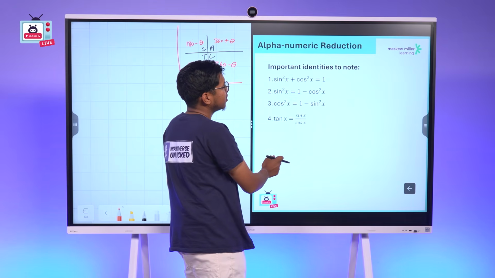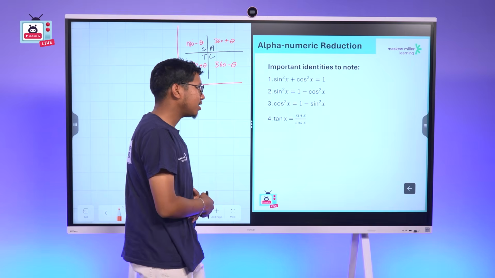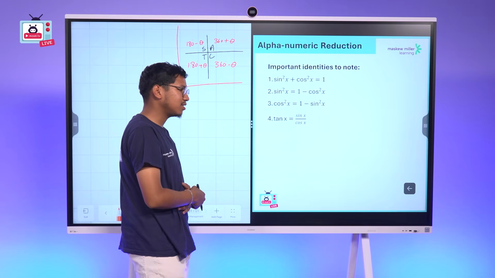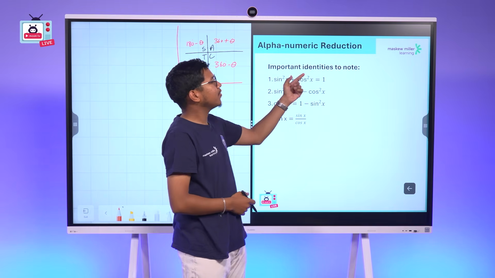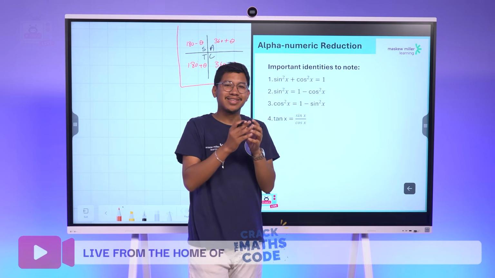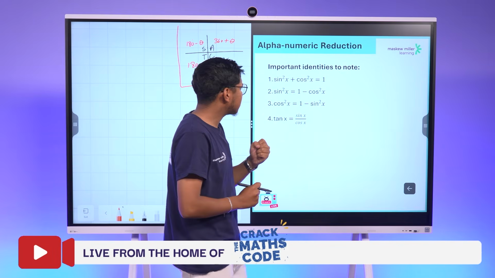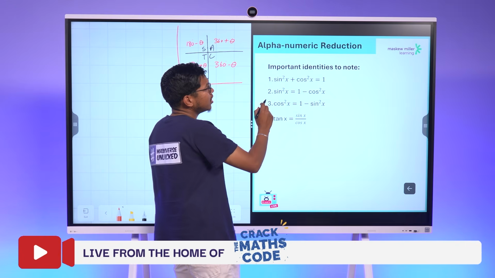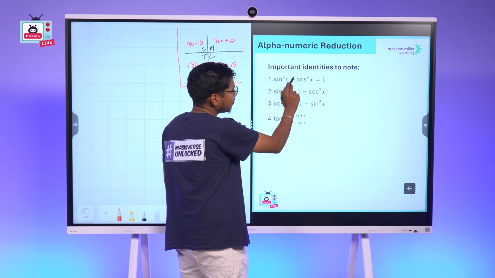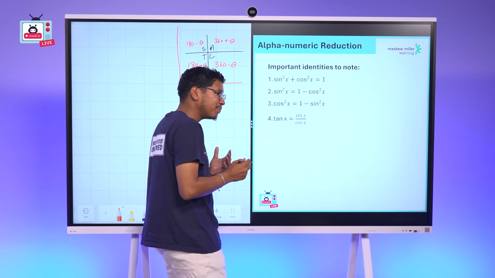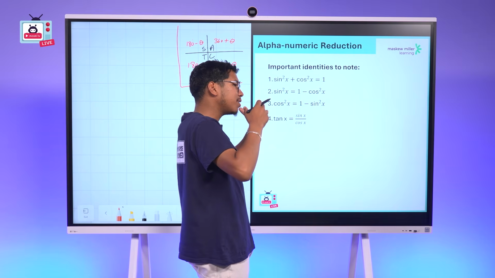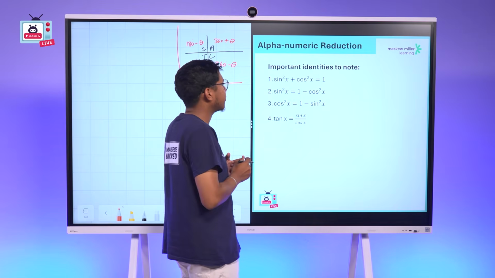And I want to go straight into something very important, which is our trig identities, okay? If you look at the root word of identities, it is identical, something which is exactly the same. So another way of representing sine squared x plus cos squared x is what? 1. It's a trigonometric way of writing the number 1, okay?